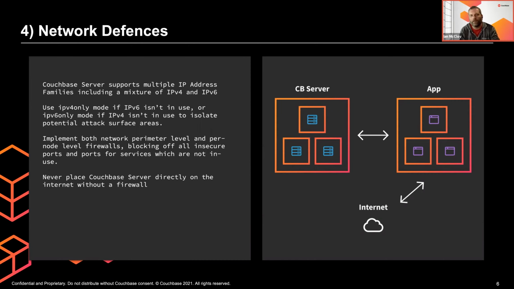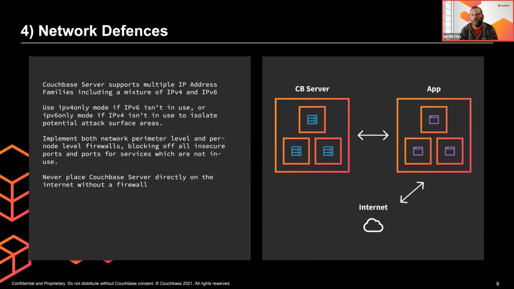Or maybe the other way around, you're only using IPv6, you would do the same for IPv4 and only allow that one address family. It's really important to look at not only a perimeter level firewall, but also a per node firewall. And that's what you see in this diagram.